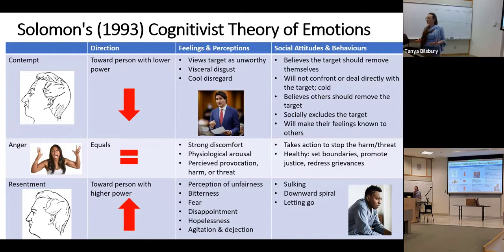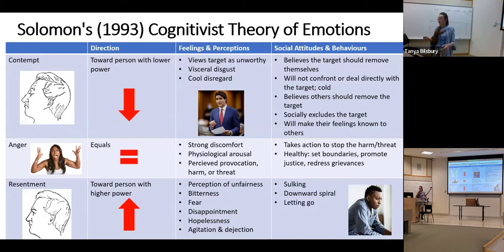Okay, so maybe you can take actions to address whatever the harm or the threat is. You can use it to set boundaries. You can promote justice. You can redress grievances. But in human social life, there are hierarchies and power differences that affect the expression of emotions like anger, how they're expressed and how they're perceived and interpreted by others.